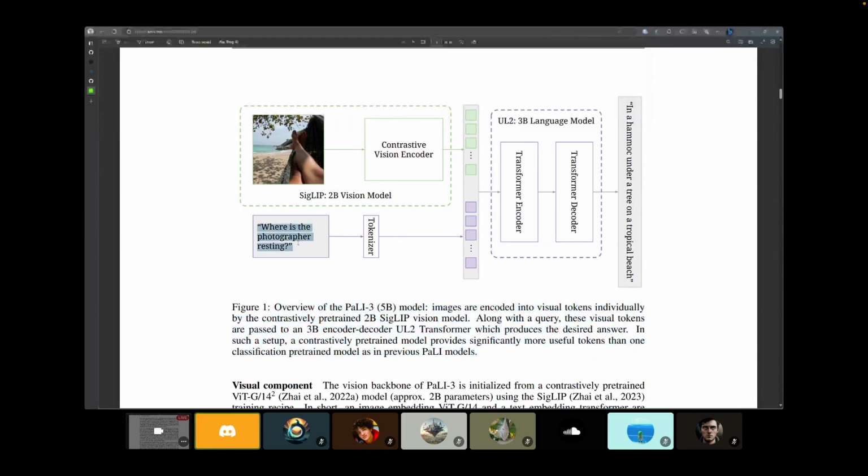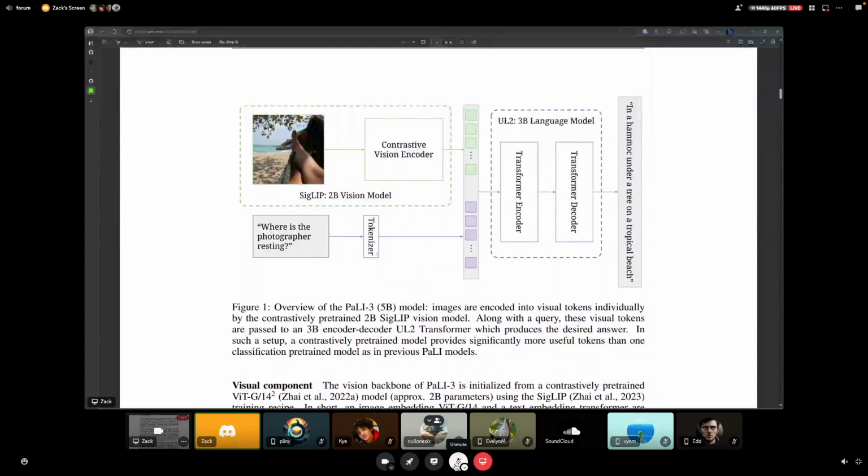Here, where's the photographer resting? And then that's sent to the tokenizer. And then this would be the encoder-decoder. And so it's also at the same time taking in the image with the contrastive vision encoder. The green and purple blocks are the embeddings.